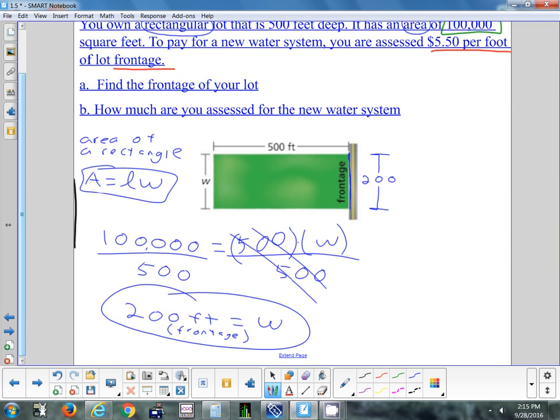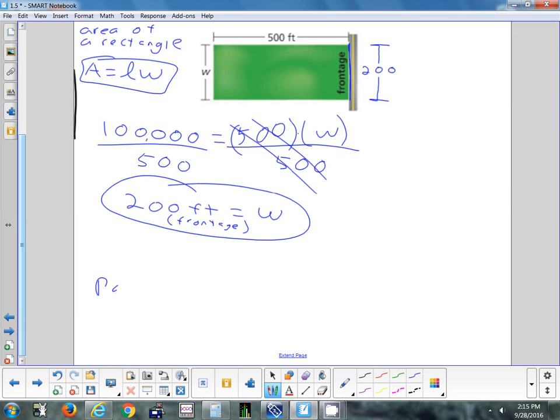So how do I figure out how much it's going to cost me to put in a water system? 200 feet of frontage, $5.50 per foot. Yeah, Aiden? You're going to take the 200 feet times 5.50. Yep, take your 200 feet and multiply by how much it's going to cost per foot.